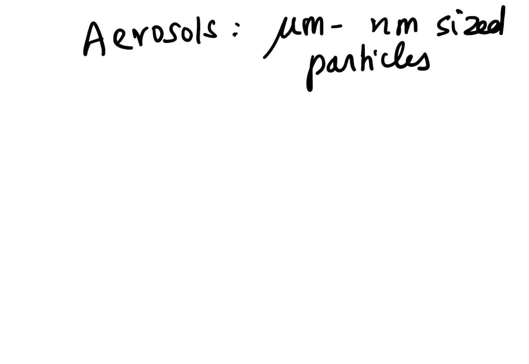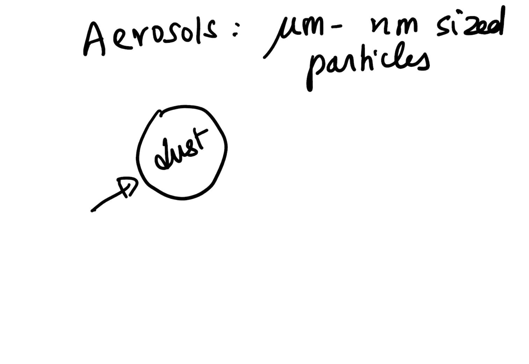So if you think of tiny dust particles in the air, those dust particles typically have dimensions in the range of micrometers, which is 1/1,000,000th of a meter. This is another length scale that is usually one of the smaller length scales.